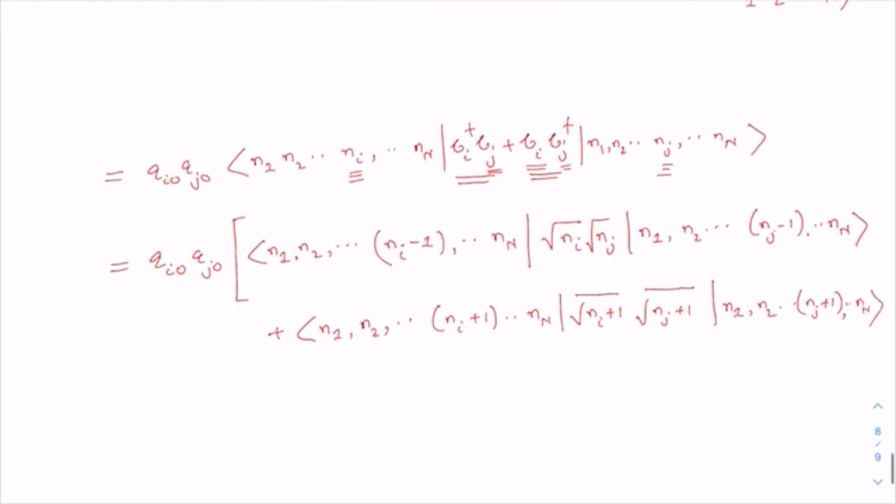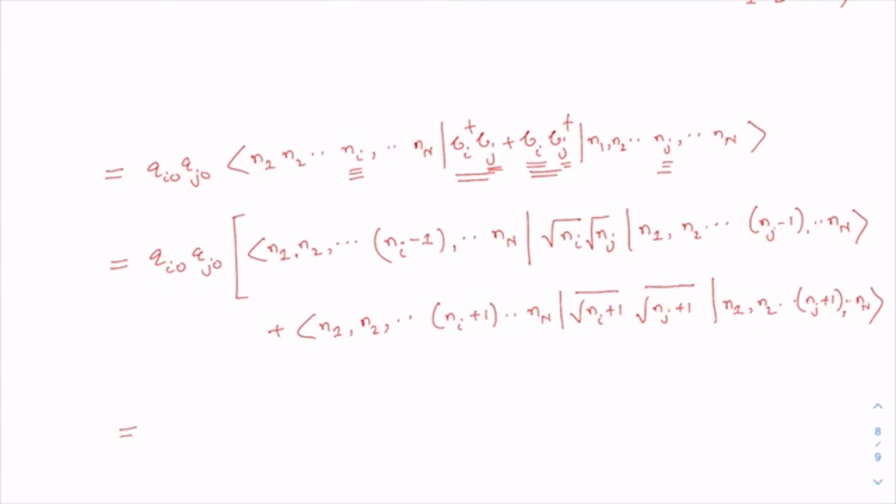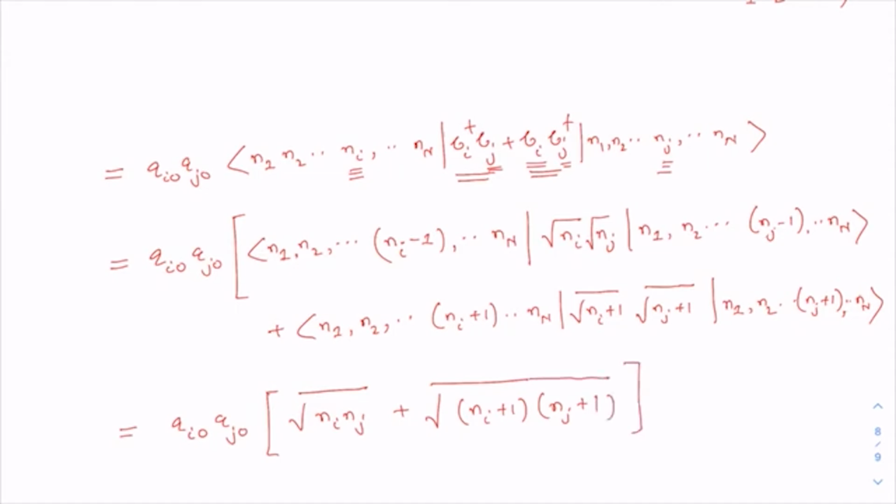So therefore I can write the whole thing as qi0 qj0 square root of ni nj plus square root of ni plus 1 and nj plus 1, and then I will write delta ij, because all the other terms will not contribute.